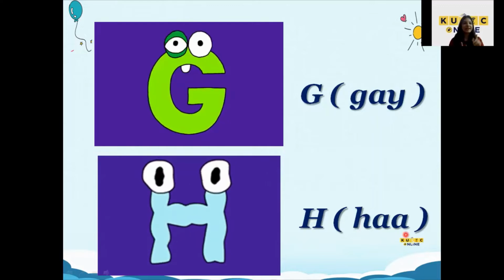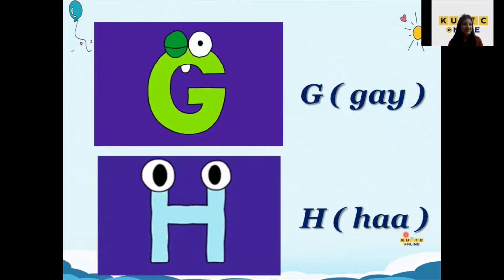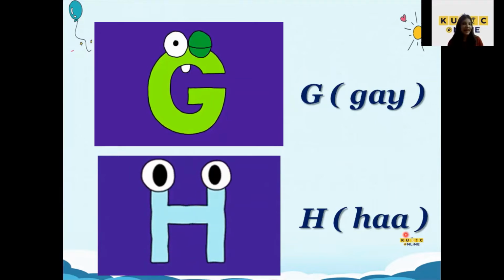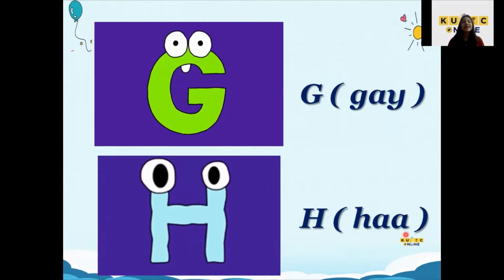Do you remember the letter A in German? B? C in German, say. D in German, day. E in German, A. F in German, F. G in German, G. And H in German, ha.